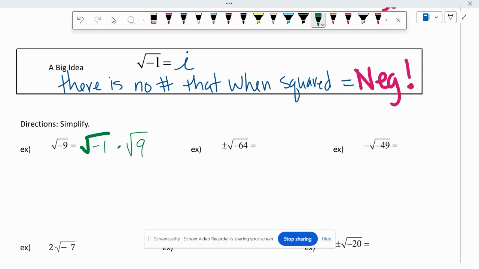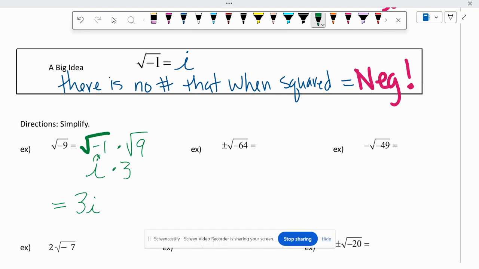Well, what is the square root of -1? Well, that's the big idea. It's i. It's that little cursive lowercase i. And what is the square root of 9? It's 3. So we rewrite this as 3i. The real portion comes first. The imaginary portion comes second.